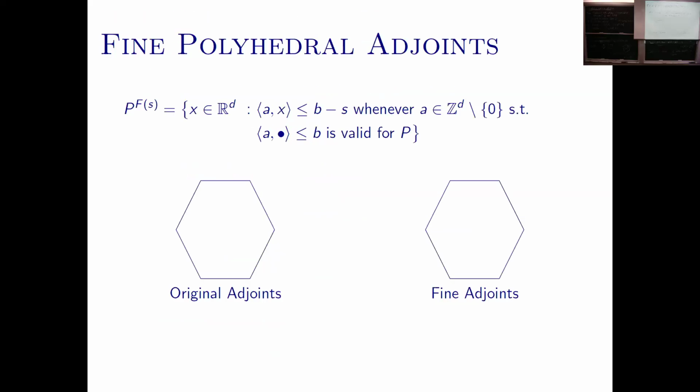But I also wanted to mention that really what we've done so far is the wrong thing. This is far too complicated. What we should do is not look at facet defining inequalities.